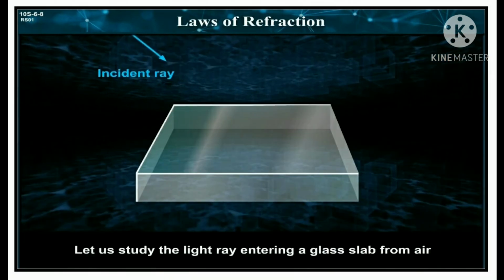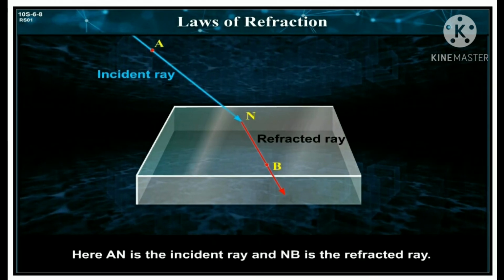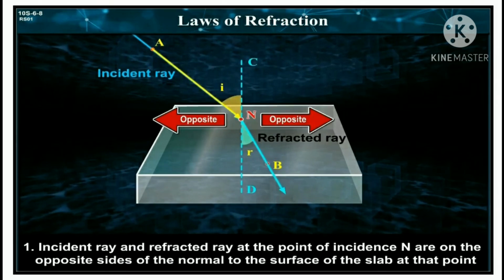Next topic is laws of refraction. This is a very important topic, so pay attention. Let us study the light ray entering a glass slab from air as shown in the above diagram. Here AN is the incident ray and NB is the refracted ray.